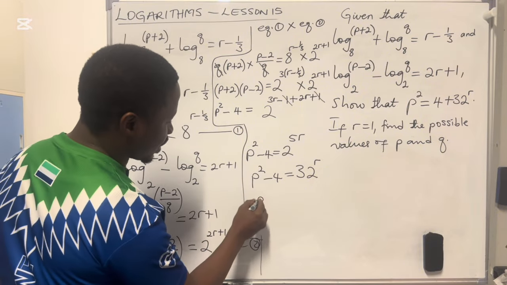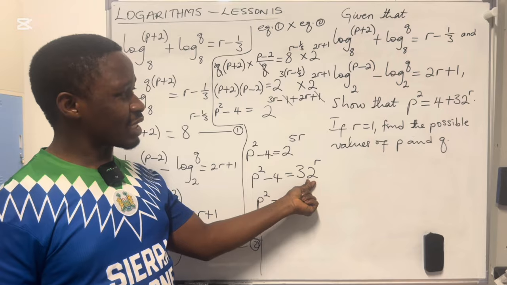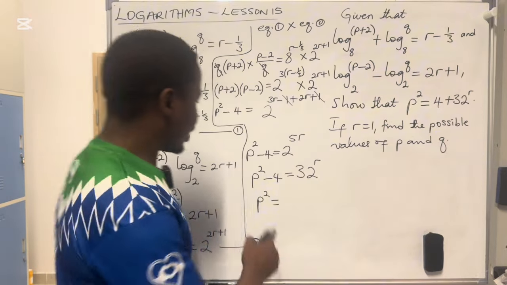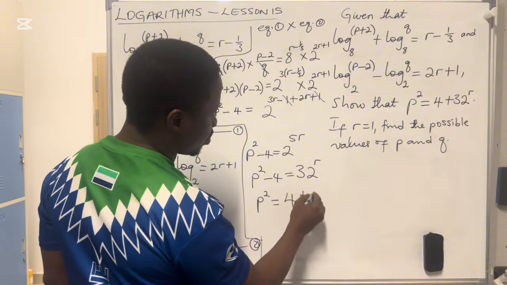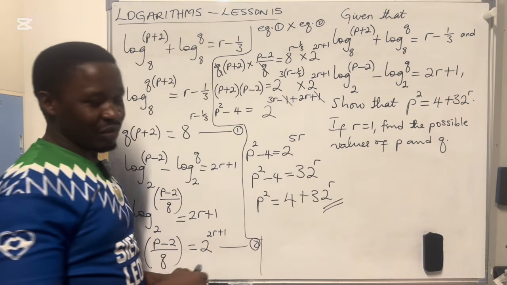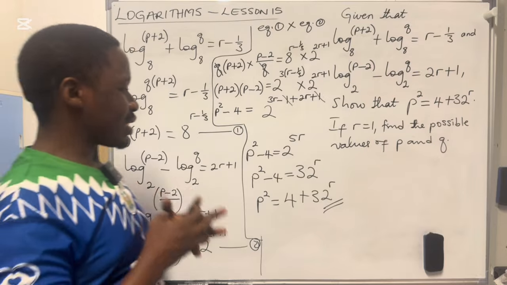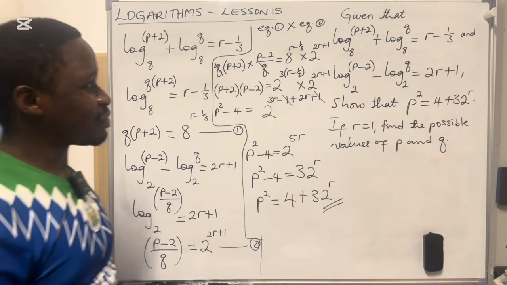So we say p squared equals, and we send minus 4 first to become plus 4, plus 32 to the power r. So we've answered the first part of the question that says show that this is equal to this. This is what we have.